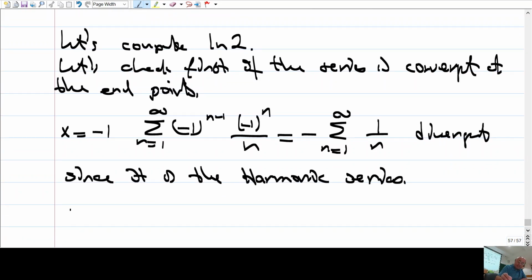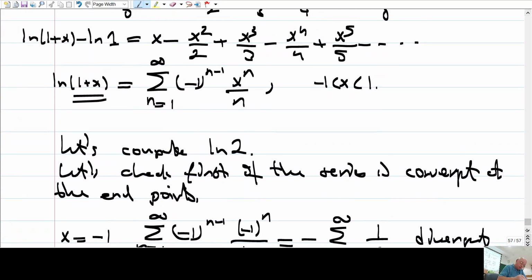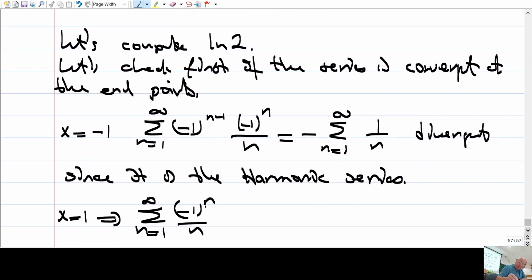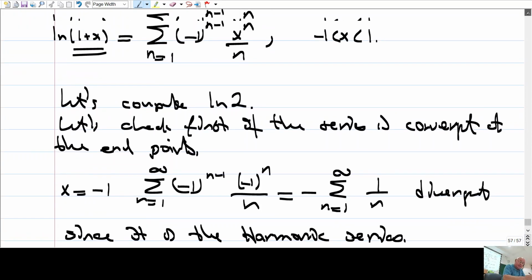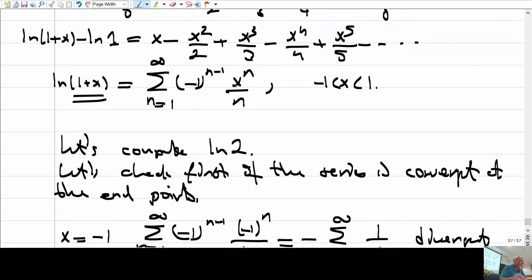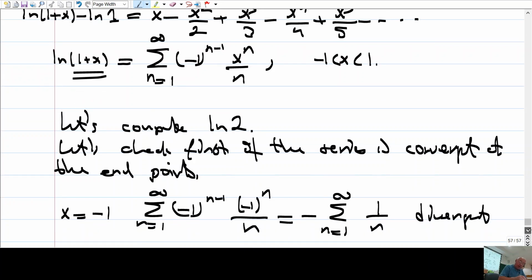What about x equals 1? When you plug 1 for x, you just get 1 over n, and the coefficient is -1 to the power n minus 1.